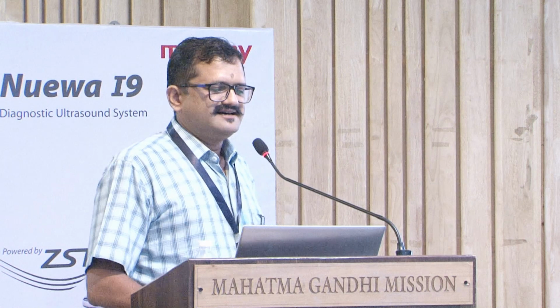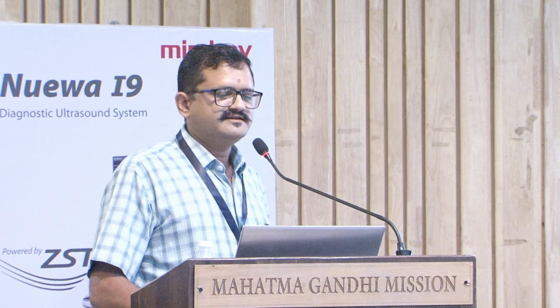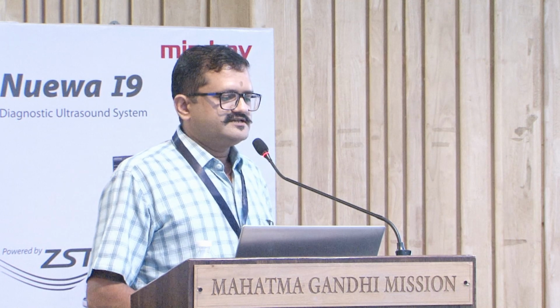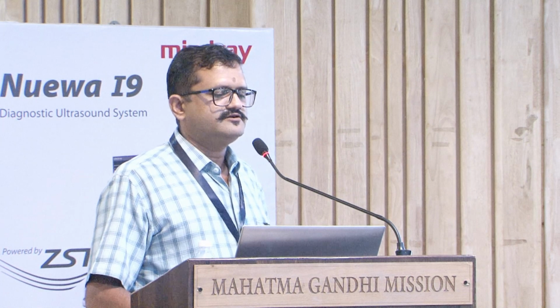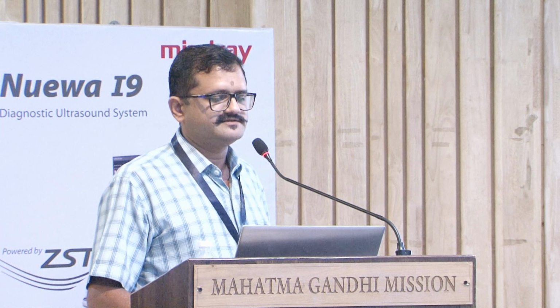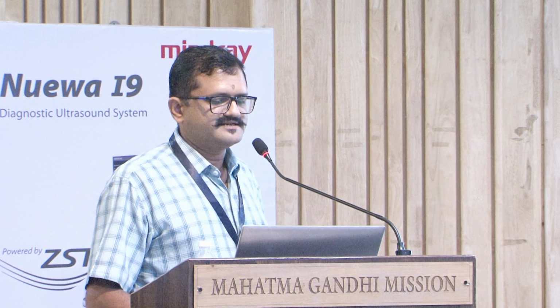Sir, other IR procedures related to urology. Vascular procedures like prostatic artery embolization in BPH can be done in patients with moderate to severe LUTS with no improvement or intolerant to medical management, or those patients who are not willing for surgical management.